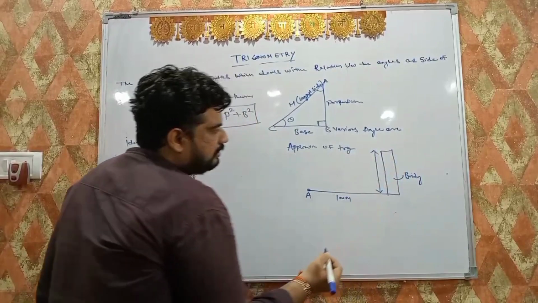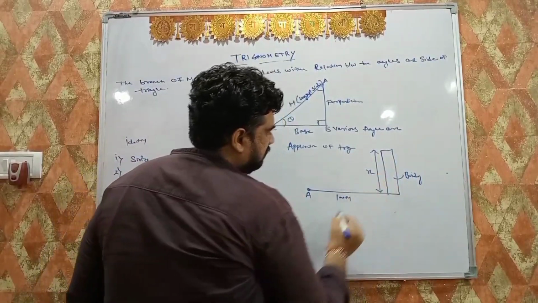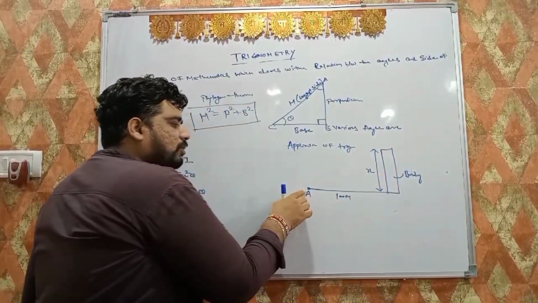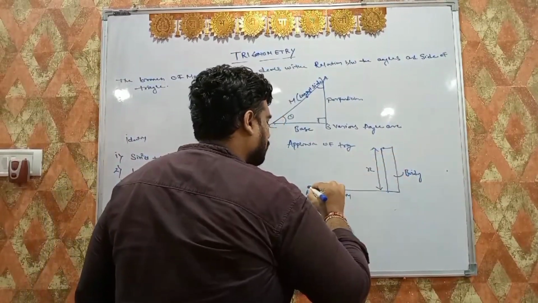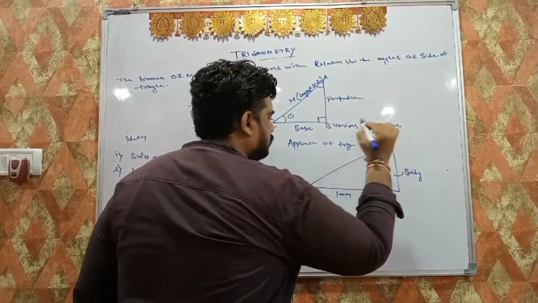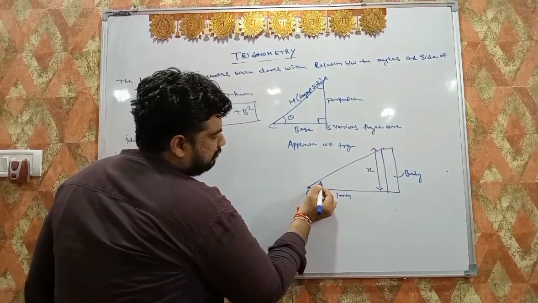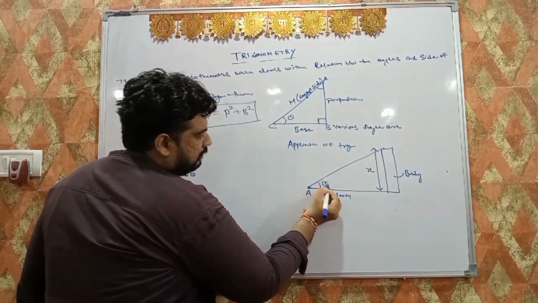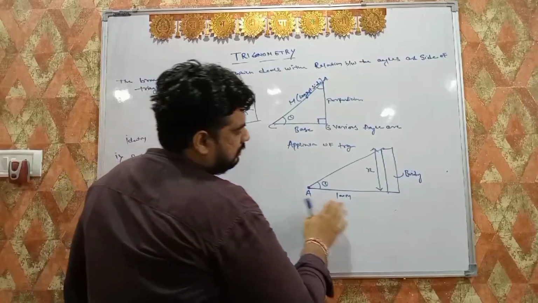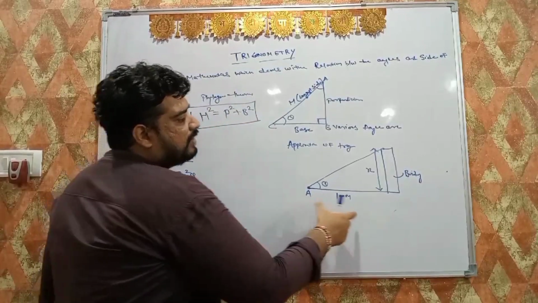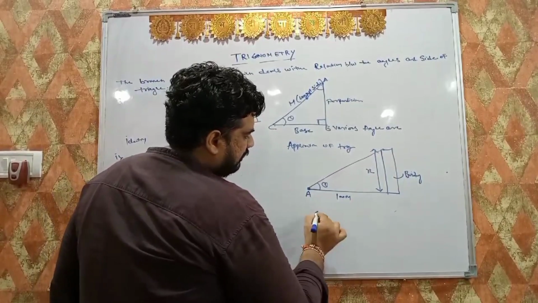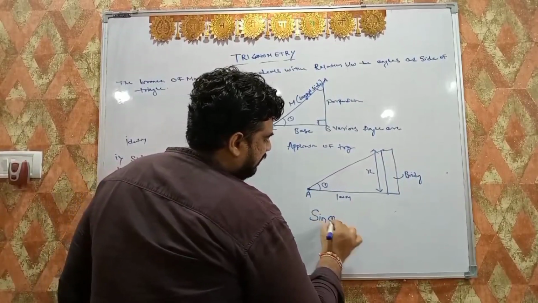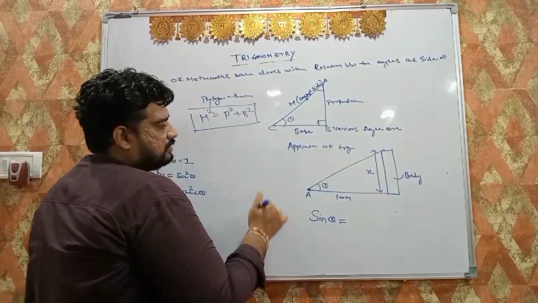Let us suppose this height is x, and from the point where the boy is standing we join it to the top of the building, and suppose the angle made with the ground is theta. By using trigonometry we can find the height of the building. So how to find it?